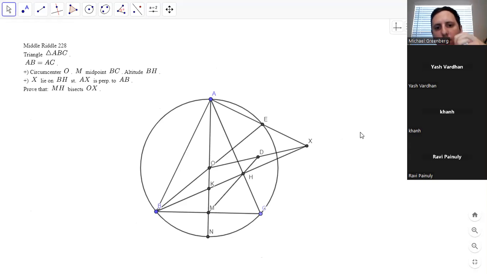So in other words, we need to show that HK over HX is equal to MK over MO. Okay. Can you connect CK?